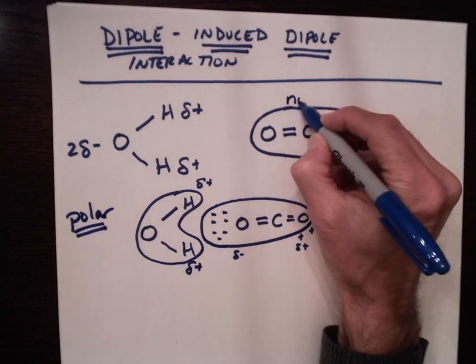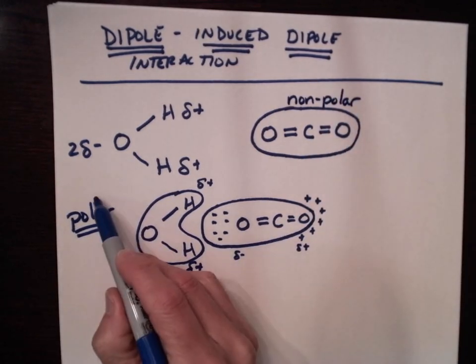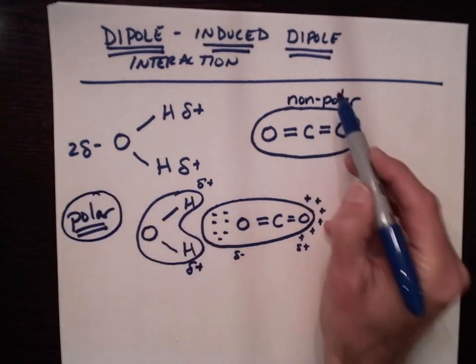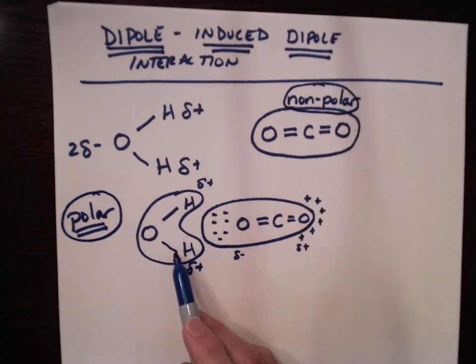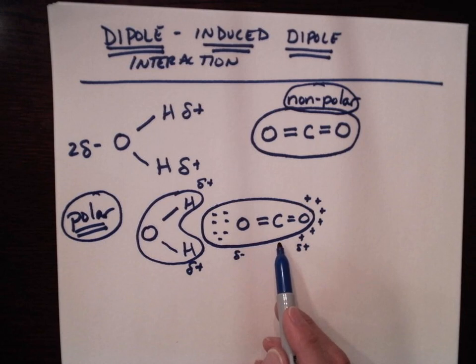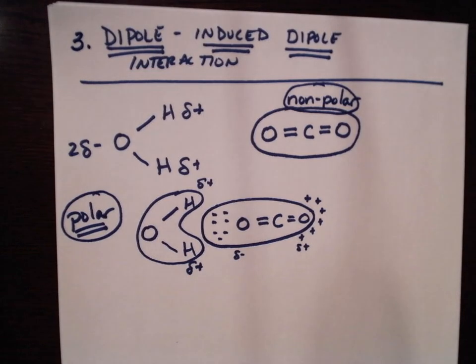Remember, we call those nonpolar. So this is an interaction between polar and nonpolar molecules, where in a sense, the polar molecule makes the nonpolar molecule a little bit polar. So this is our third intermolecular force.